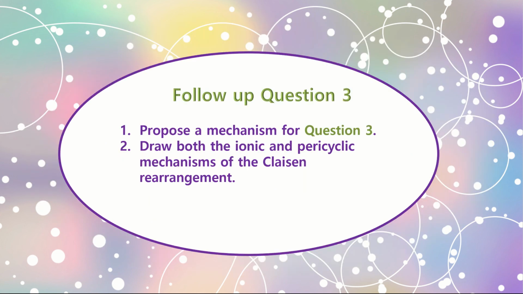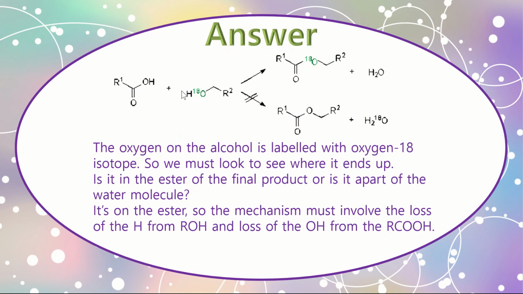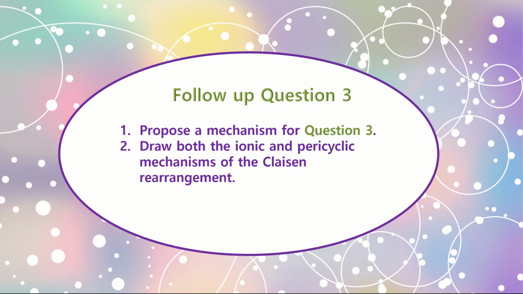So I'm sure you would have expected this follow-up question, which is propose a mechanism for question 3. What we just spoke about, that mechanism must involve the loss of this hydrogen and this OH. So propose a mechanism for question 3.